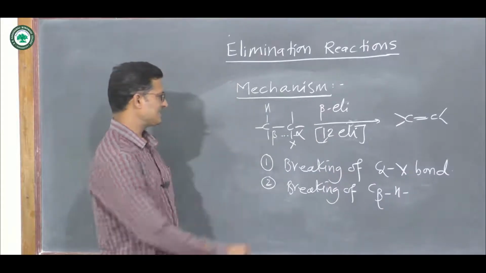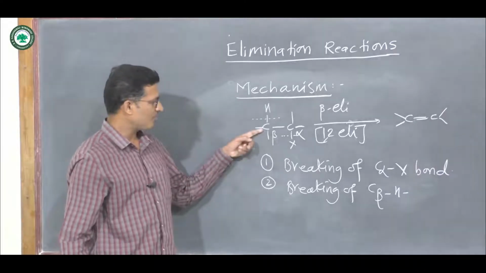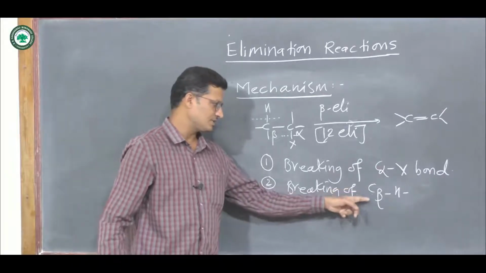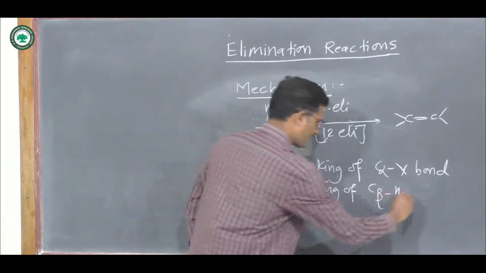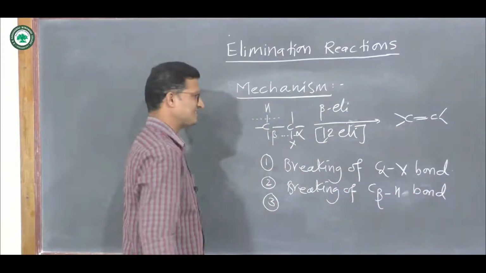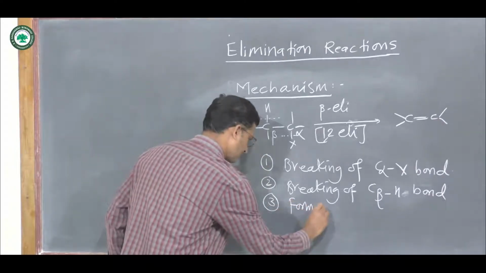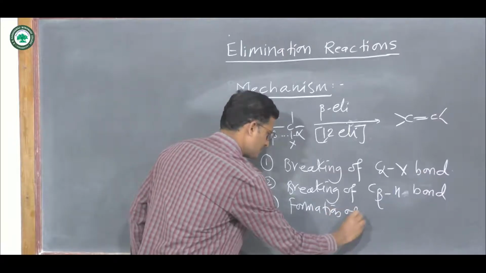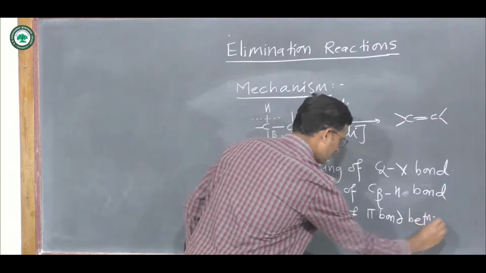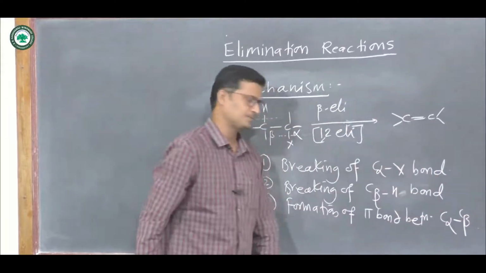So the second thing that happens in the mechanism of an elimination reaction is that the bond between this beta carbon and hydrogen is broken. And the third thing that happens is the formation of a pi bond between the alpha carbon and the beta carbon.